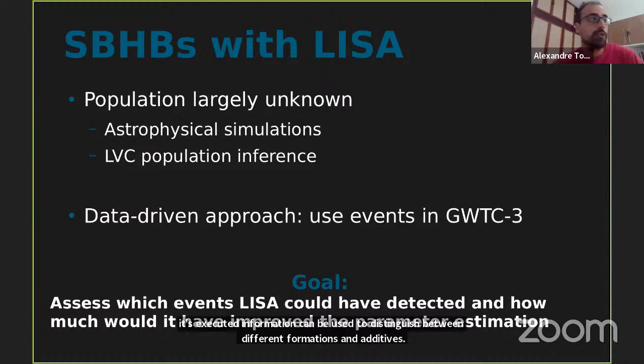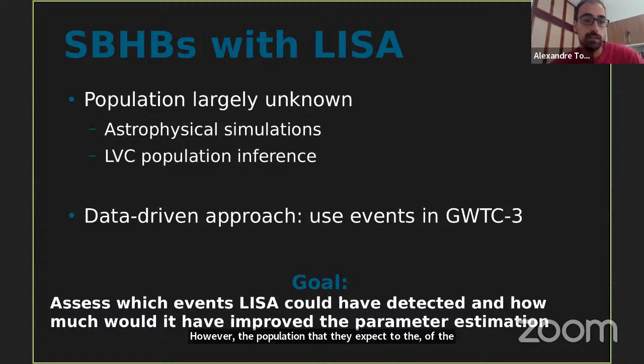However, the population of systems that we expect to detect with LISA is largely unknown. We could use astrophysical simulations to predict the population of events. However, those rely on a set of assumptions, and the results tend to disagree.